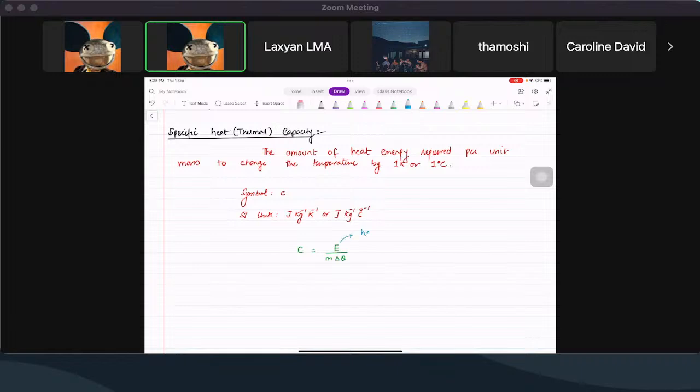This is heat energy. This is the mass. This is the change in temperature, and that's the specific heat capacity. All right, everybody? Yes, sir.